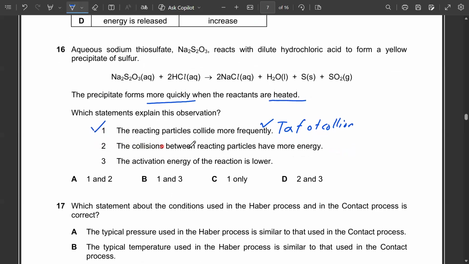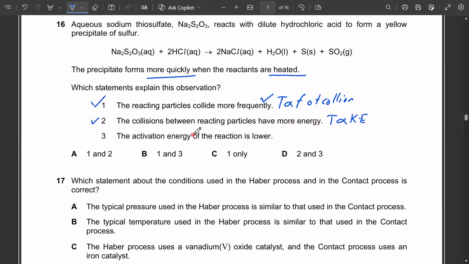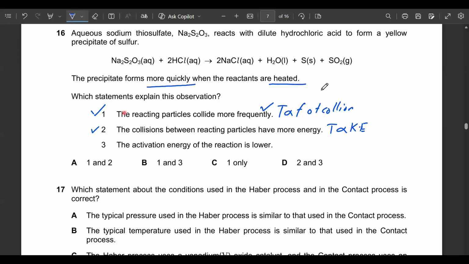The second statement, the collisions between the reacting particles have more energy. So that is also correct. Temperature is directly related to the kinetic energy of the colliding particles. So if you increase the temperature, then the kinetic energy of the particles will also increase. That's why the second statement is also correct. The third statement says the activation energy of the reaction is lower. So let's understand this point by looking at the reaction profile diagram.